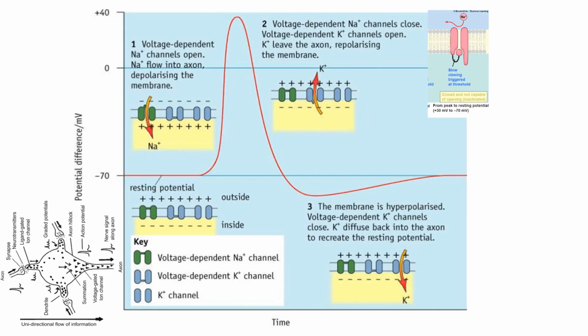Here is another view of the process of action potential. Here we have plotted the voltage potential difference across the membrane with time. Before the action potential, the membrane is at resting membrane potential, near minus 70 millivolts, and here we can see 0 and then plus 20.